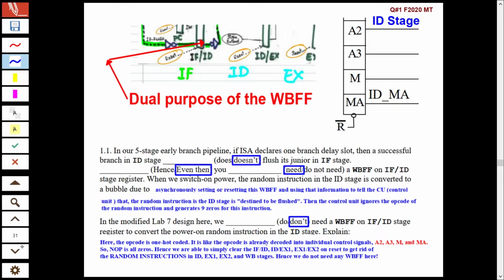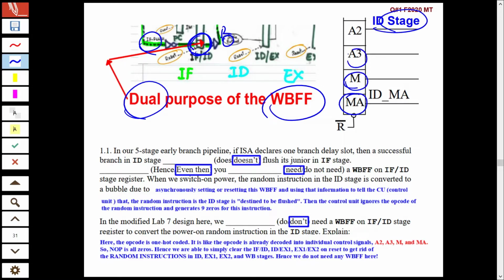Once again, we don't need this WBFF, because first, one of the dual purposes is branch initiated flushing. We don't have branches. And the second is to convert the random signal to a bubble, and that we could take care of, because in the ID stage, I have the data stationary control signals which I can asynchronously turn off and proceed.